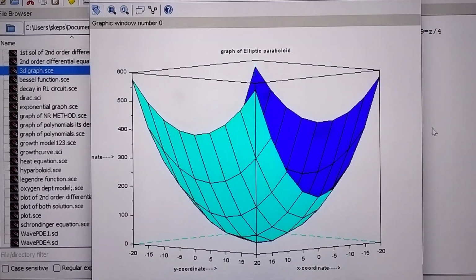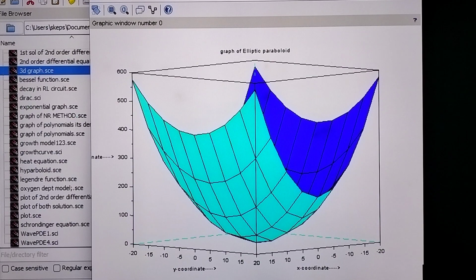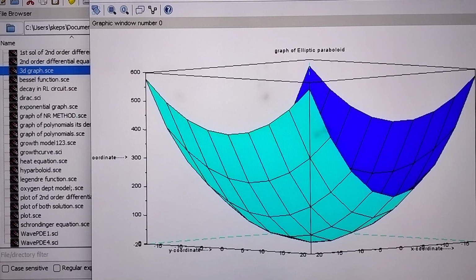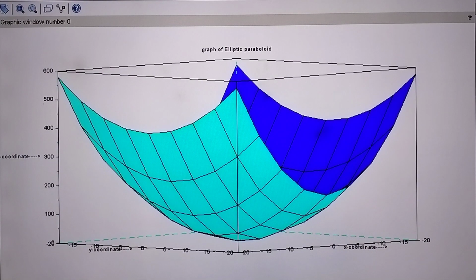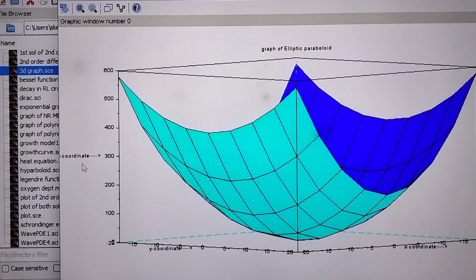This one is the y axis, this one is the x axis, and this one is the z axis. See here, this one is the z axis, this is the y axis, this is the x axis, and this is the elliptic paraboloid.